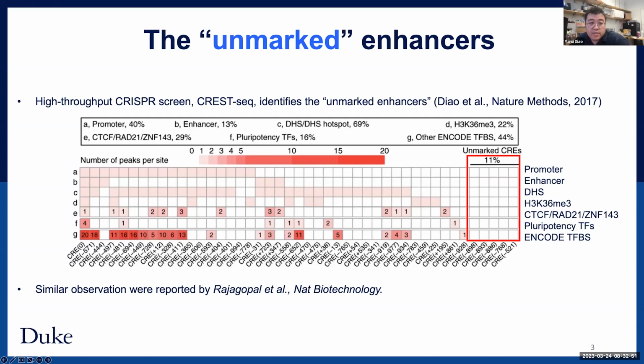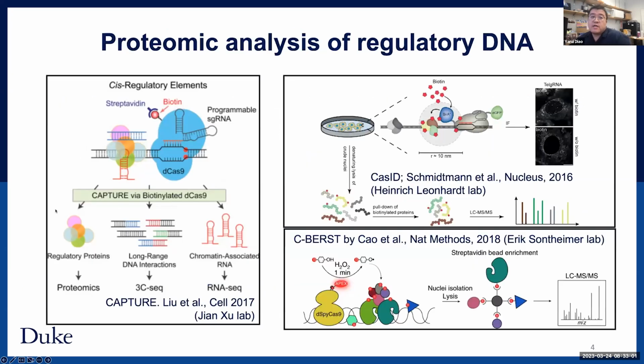And a similar observation was also made by another paper published around the same time, in which they also did a CRISPR screening. So when I started my lab, I became very interested in the question: what are the key proteins and regulators that determine the activity of gene regulatory elements?